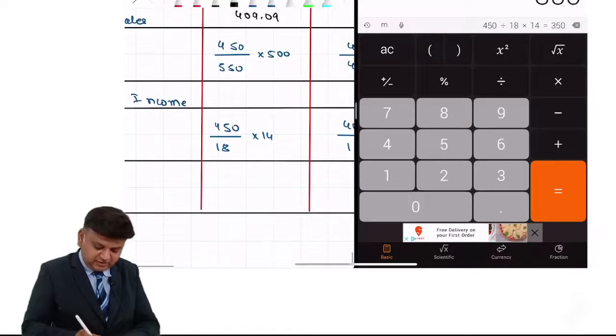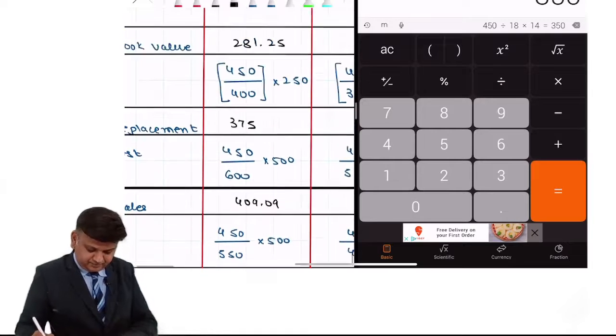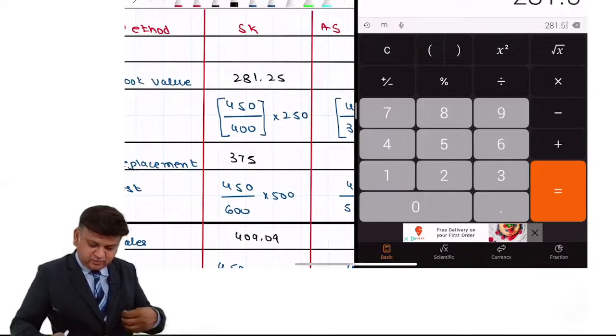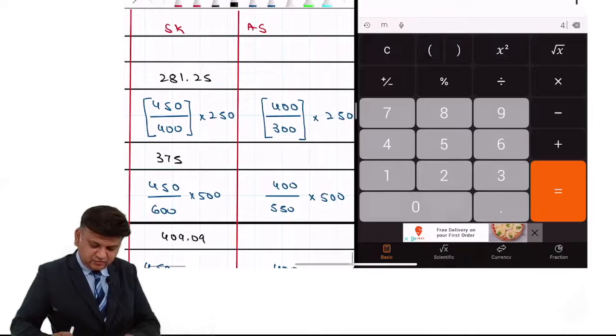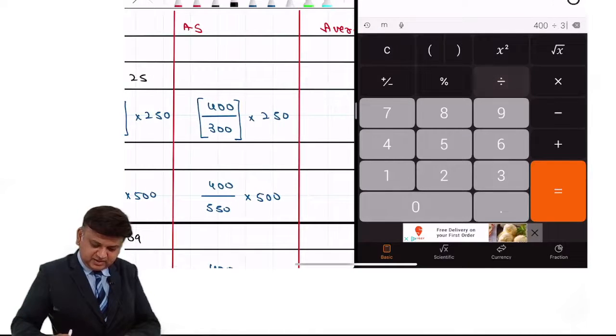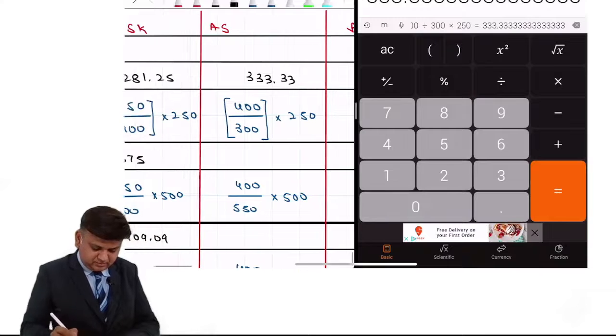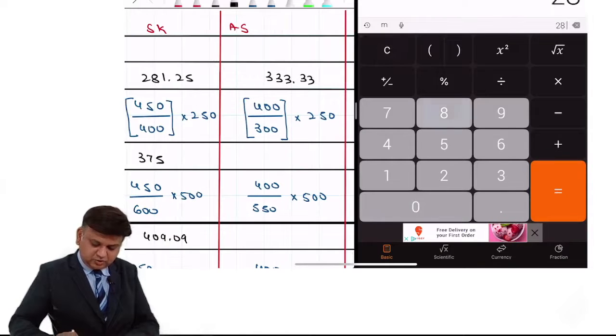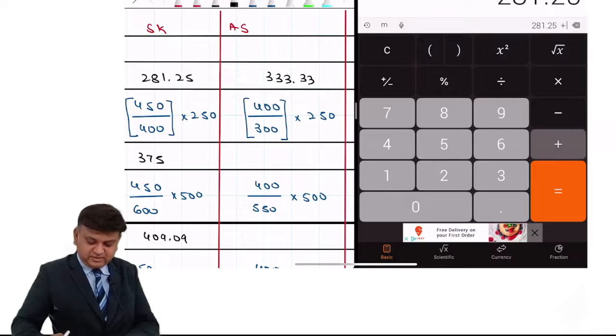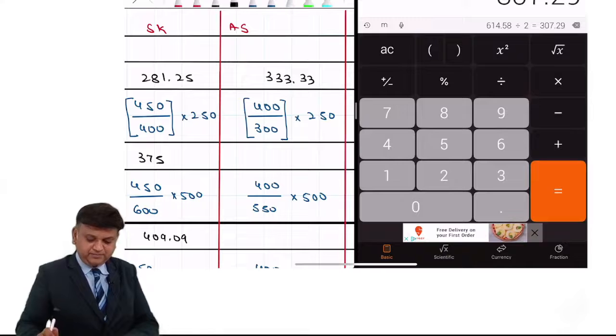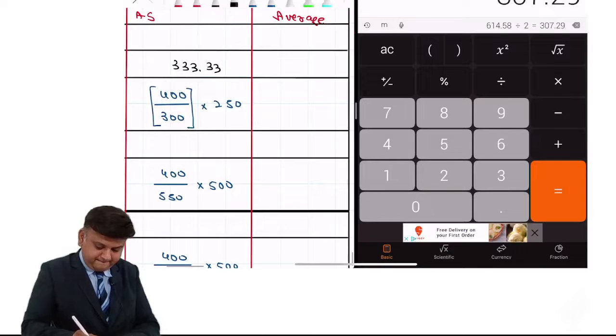That comes to 350. Sorry, the next one is 400 divided by 300 into 250. That comes to 333.33. So 281.25 plus 333.33 divided by 2 is 307.29.